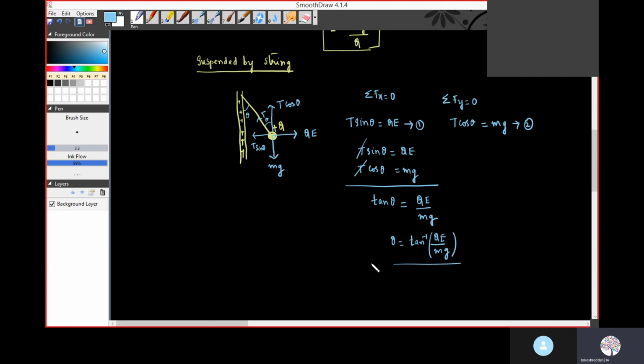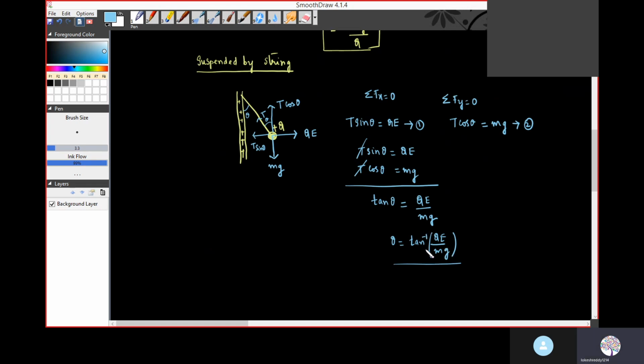So the electric field is directly proportional to tan theta. If the electric field is more, tan theta will be more.